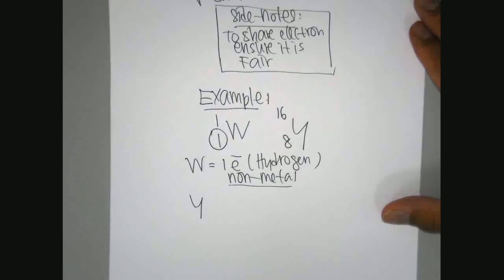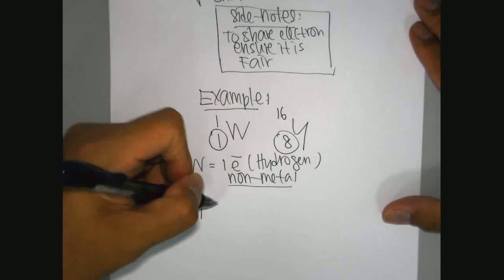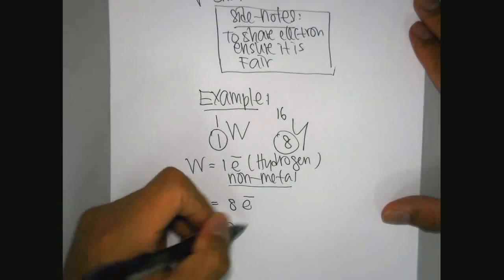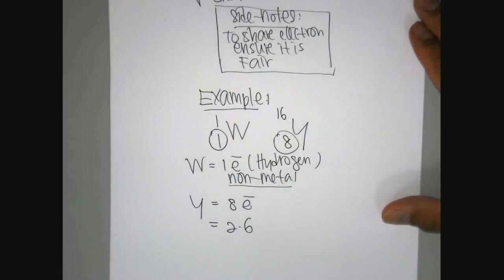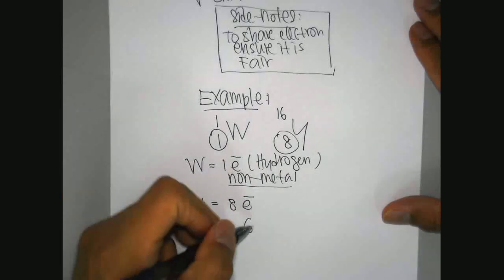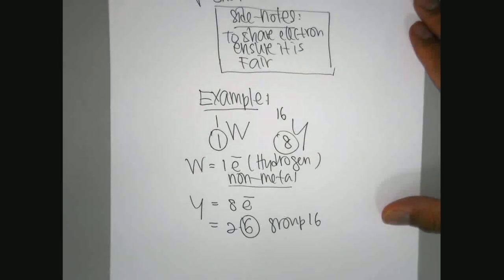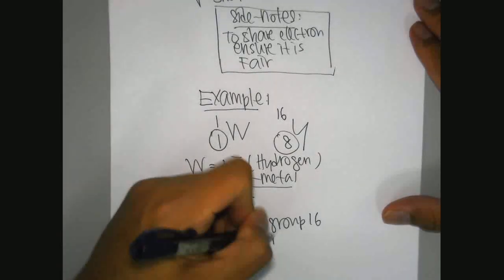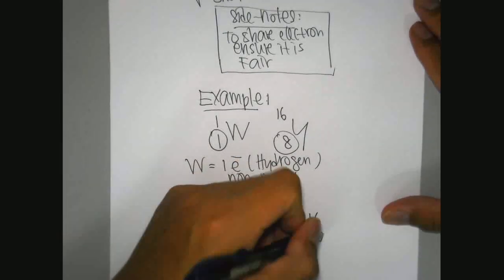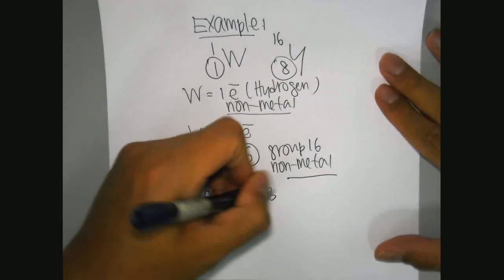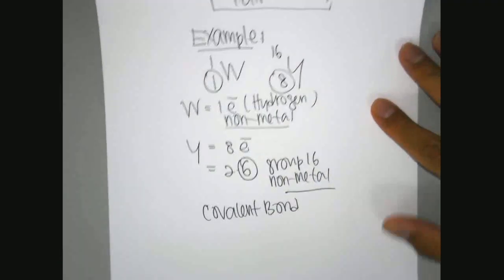Atom Y has 8 electrons, so the electron arrangement would be 2.6. With 2.6 as the electron arrangement, we have 6 outer electrons, so it is group 16. Group 16 is also a non-metal. So they form a covalent bond.